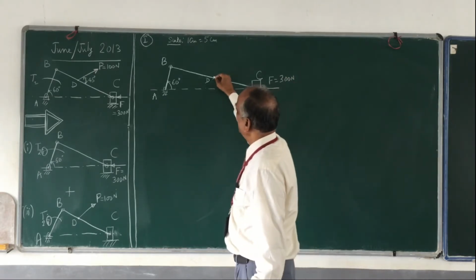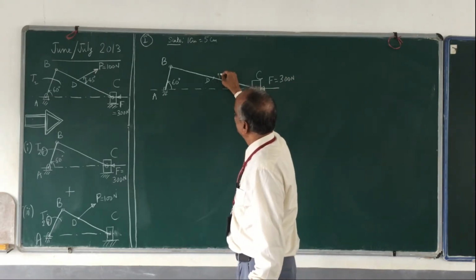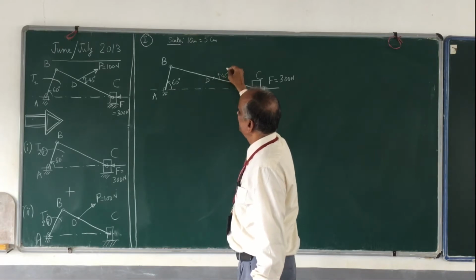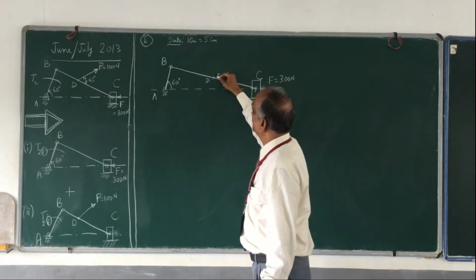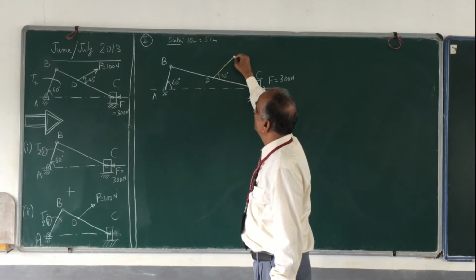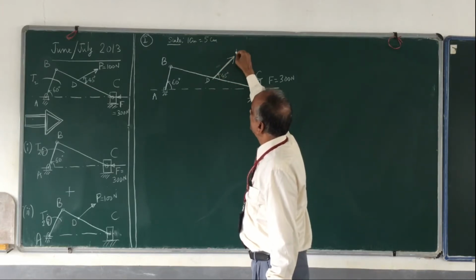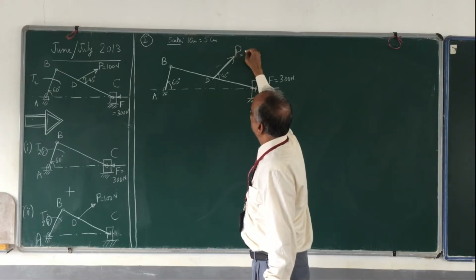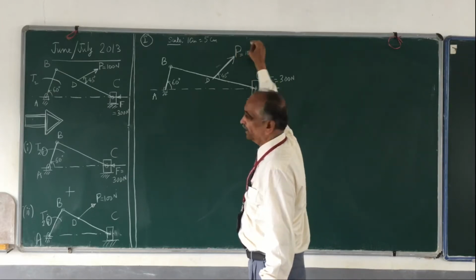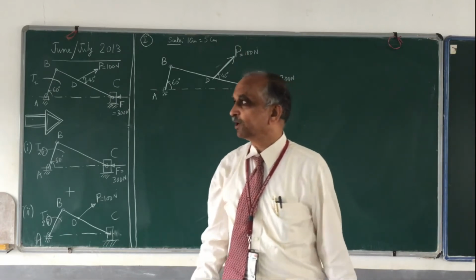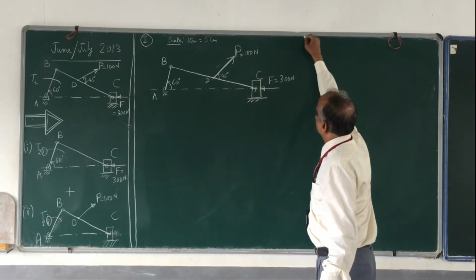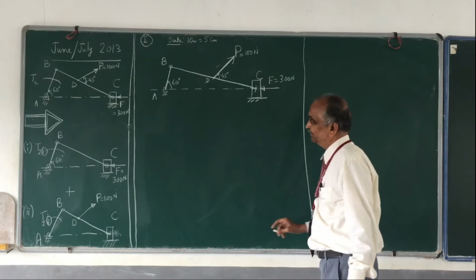Then at D, you measure 45 degrees because it is given, and draw a line, and you have a force in this direction. That value is P, which is equal to 100 Newton. So this is what we call the configuration diagram, the first step.